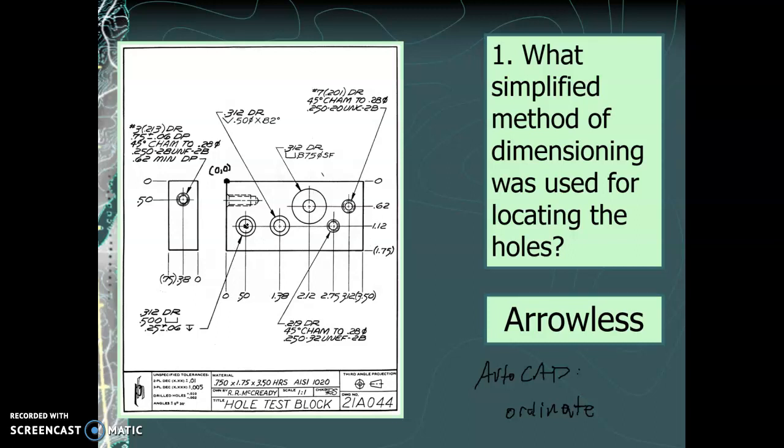So for instance, if we wanted to locate this hole right here, the center of that hole has the coordinates 0.50, comma, negative 1.12. Okay, and that's relative to the top left corner. So it's a different system of dimensioning, but it does come up occasionally in, obviously, both the blueprint reading textbook and the AutoCAD textbook.